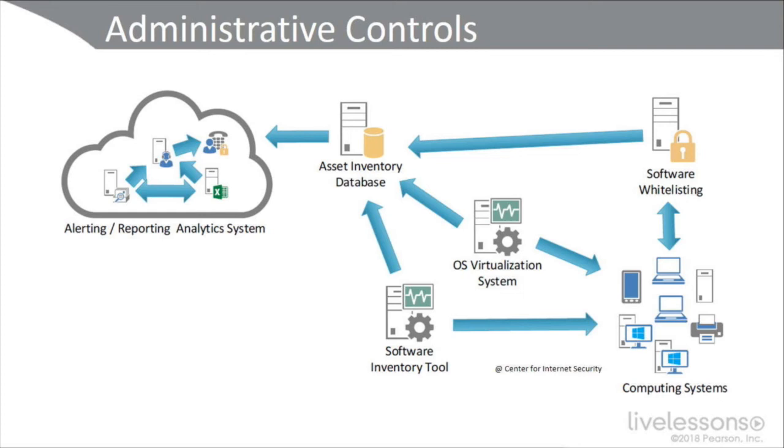For example, with the Cisco AnyConnect mobility client, I have the capability to make sure that that VPN user is not running Oracle VirtualBox or VMware Player or VMware Workstation in an unauthorized way on that endpoint. So in addition to software whitelisting, we want to make sure that we not only have inventory of our software and applications, but make sure that we're enforcing whether our endpoints can even run those virtual environments or not, okay?